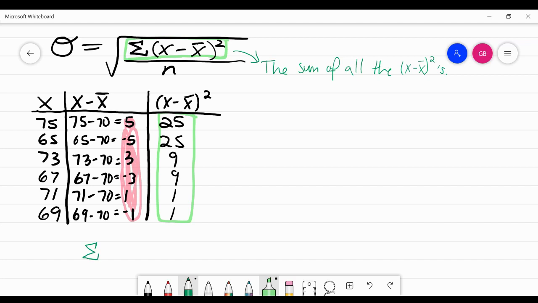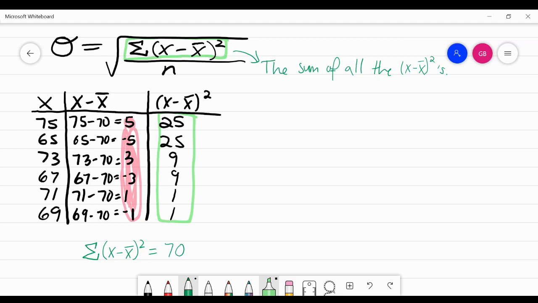Okay, now write it down here. So the sum of all the x minus x bar squares is, well, it's 25 plus 25 plus 9 plus 9 plus 1 plus 1. That is 70. Okay, so all these numbers add up to 70.